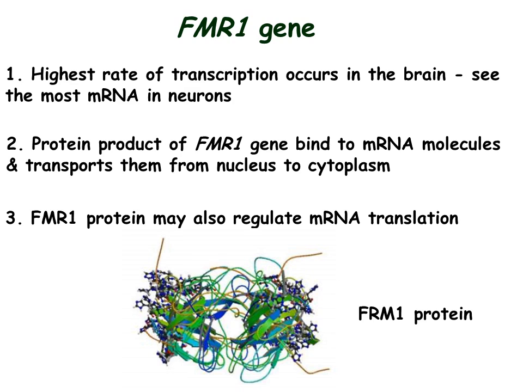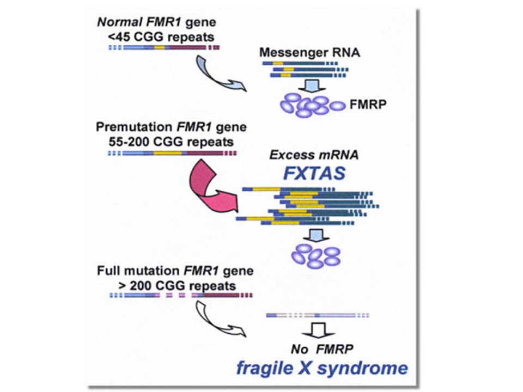But down below here you actually see what we call a ribbon and space-filling model of the FMR1 protein. And here is something I found online. You see that if you have the normal number of repeats, you have the messenger RNAs and you get the protein made and it can do its job.